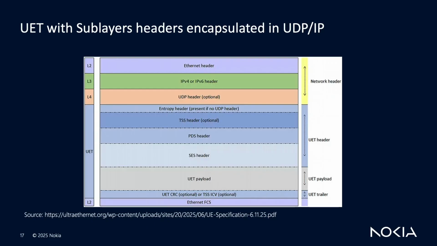So you have basically a normal Ethernet frame with an Ethernet header, IPv4, UDP, and then all the blue stuff, which is Ultra Ethernet transport, starts to come in, and you have the different layers right over there, which basically stops with an FCS, and then you get forwarded. That's very important because this allows you to reuse what you do with EVPN, VXLAN, and normal forwarding based on IP from a control plane perspective and just put the stuff on top of it.